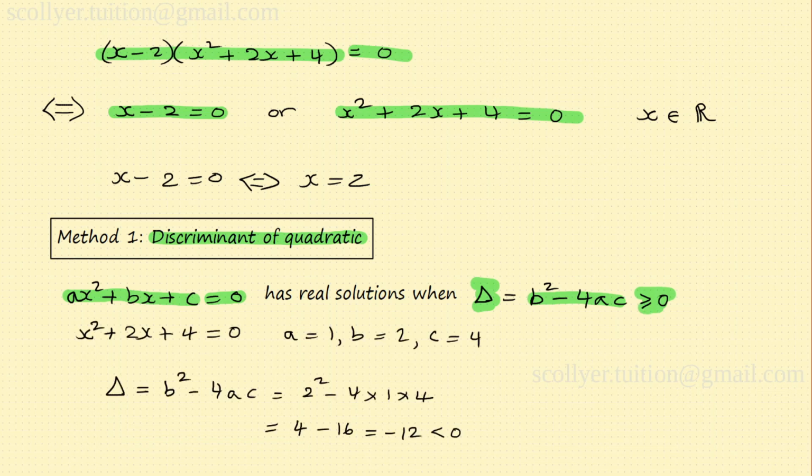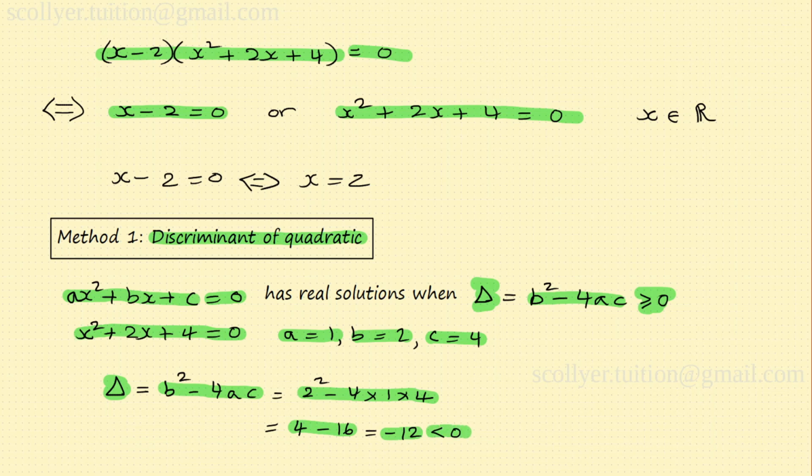Now, the equation we're interested in is x squared plus 2x plus 4 equals 0, and that gives us a is 1, b is 2, c is 4, from which we can compute the discriminant delta, b squared minus 4ac, as 2 squared minus 4 times 1 times 4, which is 4 minus 16, which is minus 12, which is less than 0.